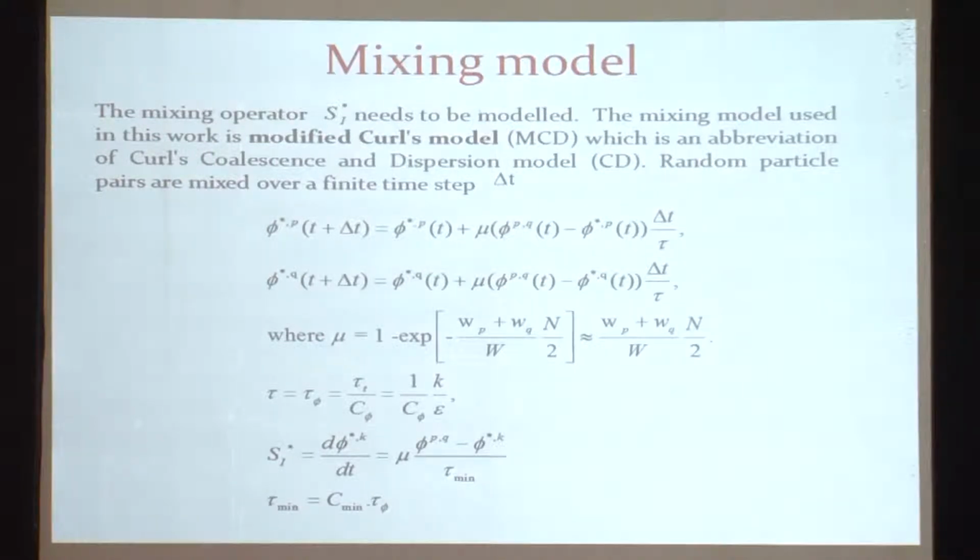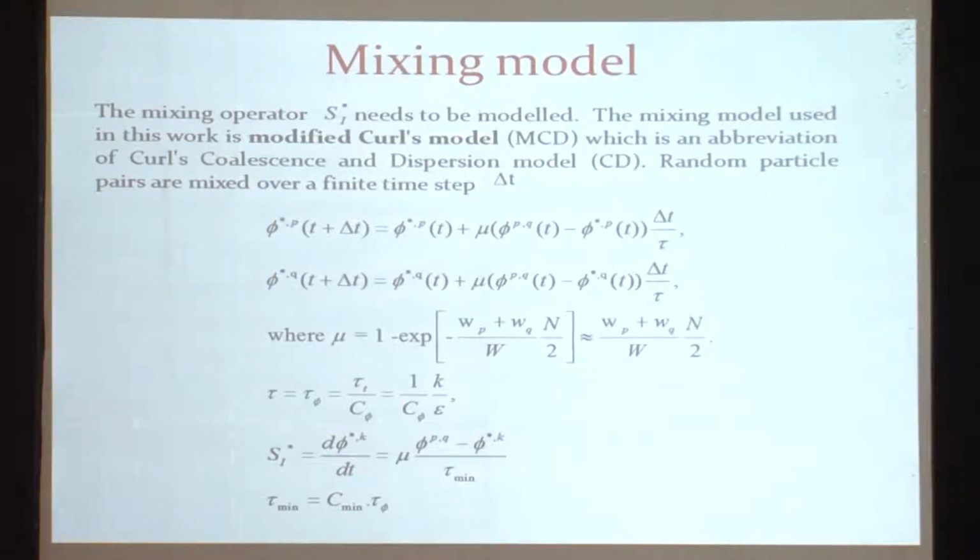That rate comes from the turbulence quantity like tau phi, and there is also a tau minimum that governs the minor fluctuations. Tau min is related to the turbulent time scale tau phi using a constant C min. That C min is another constant that needs to be tuned to get a reasonable match.